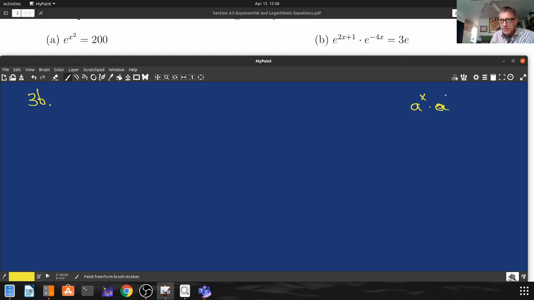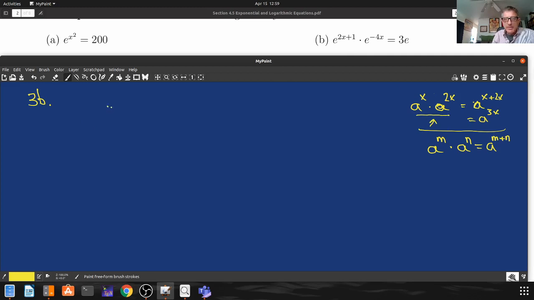A to the x plus 2x is equal to a to the 3x. In other words, this property follows from a raised to the power m times a raised to the power n is equal to a raised to the m plus n. And I'm going to be using something very similar to this right here to solve b.